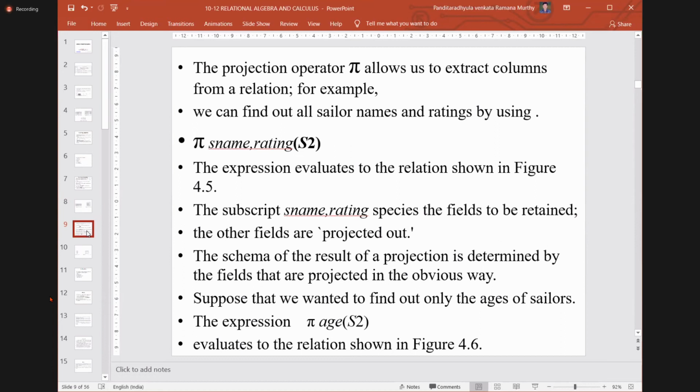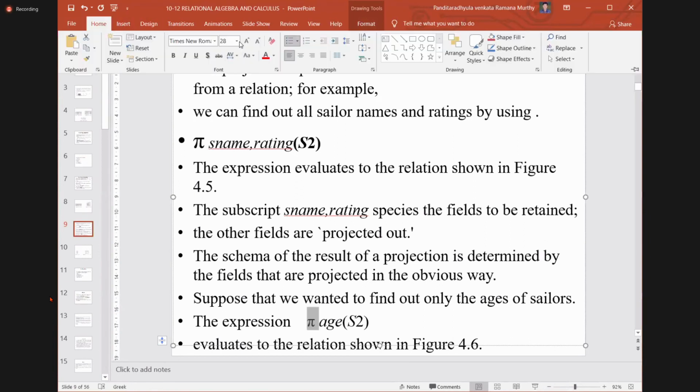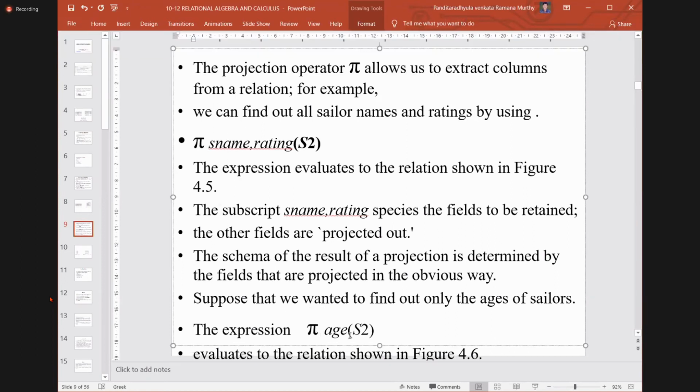For example, instead of S name and rating, if you want to retrieve only the age column from the table, you can use the project operator and give only the column name age as the subscript, with S2 in brackets.